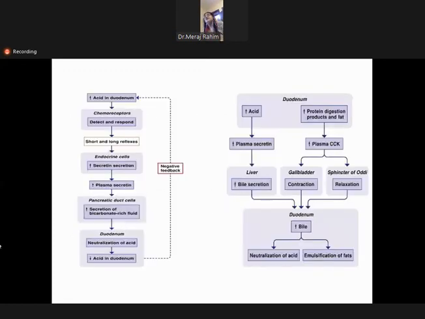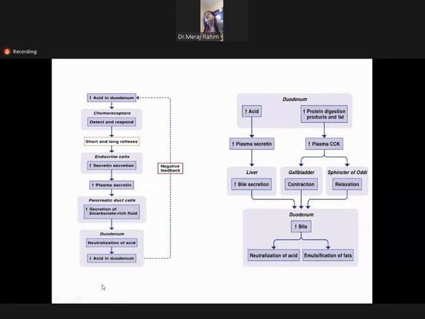So students, I hope you understood that as the food enters into the duodenum, increased acid occurs, and that acid stimulates the S cells in the duodenum to secrete secretin. Increased plasma secretin occurs, which causes the pancreas to secrete increased bicarbonate solution. So the duodenum receives the rich bicarbonate solution so that the acid can be neutralized.